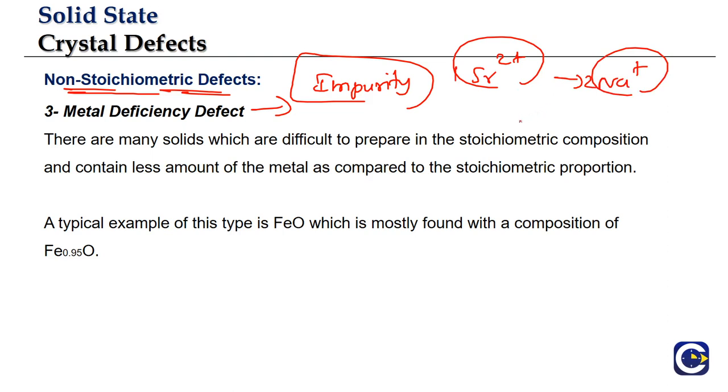Now similarly, if we have the same metal which can have multiple valencies, as a result we will get what we call a metal deficiency defect. What is it? We'll try to see. Say for example, if we have iron oxide, FeO.